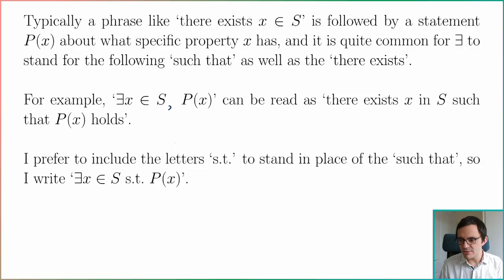Some people write out the words "such that" in between just to make it extra clear that you're saying there exists x in the set S such that this property holds. I prefer to write just ST in the middle for "such that". So putting it together then, I would read this as there exists x in the set S such that P of x is true. It's a prime number.